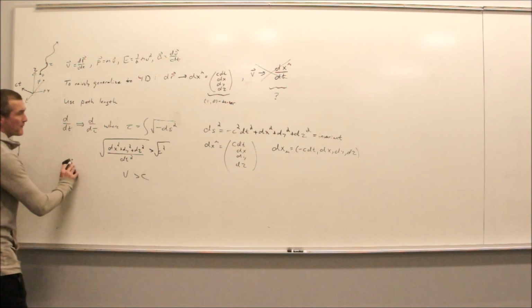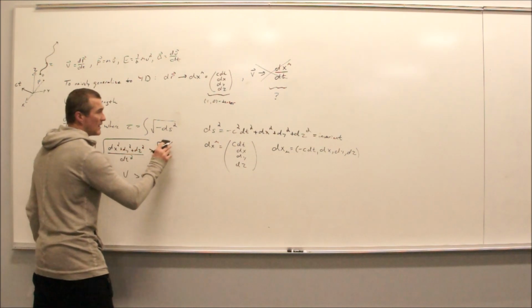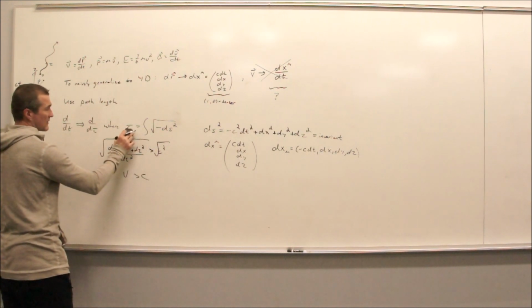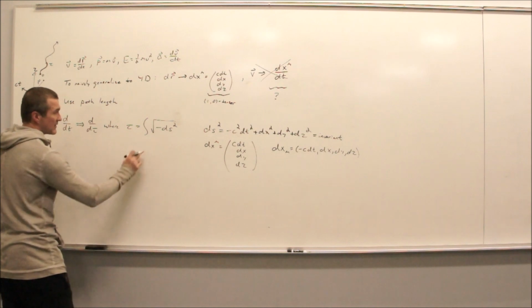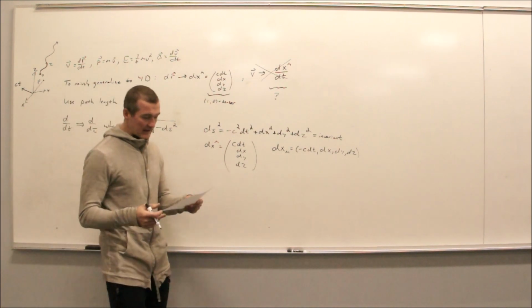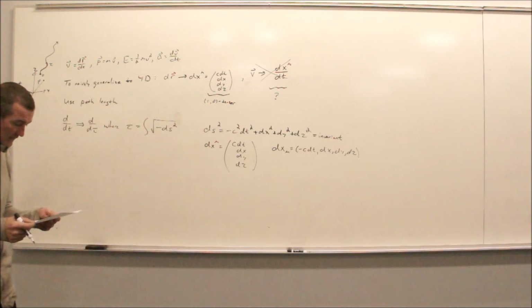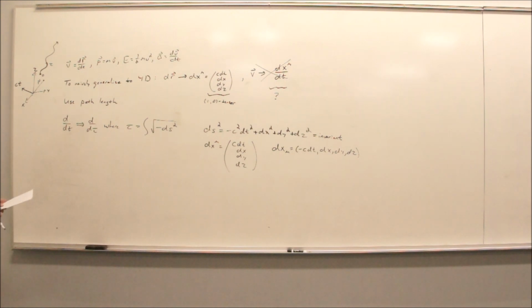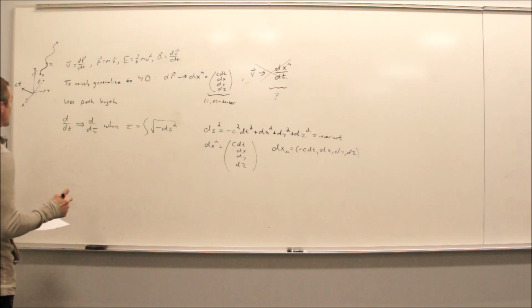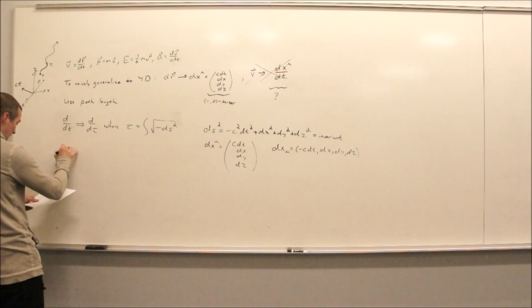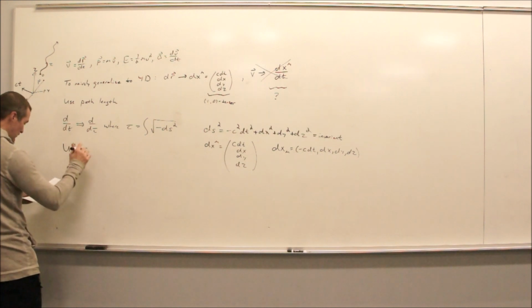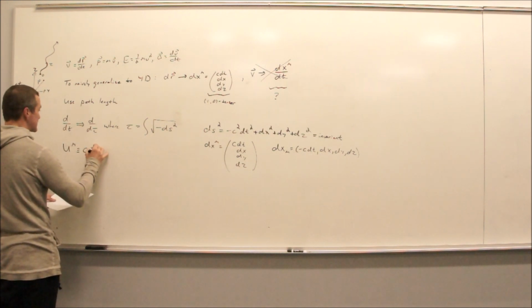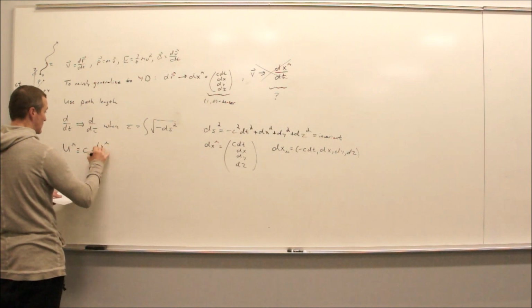So we're going to talk about the path parameter being defined by the square root of minus ds squared. And then we just integrate it so that we have the total length up to where we've gotten. Okay. So with this in mind, our new velocity is going to be the 4-velocity, u super mu, which is c times dx mu d tau.